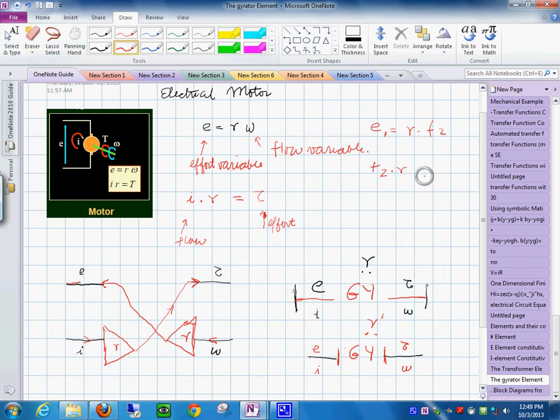Okay, so I was just trying to write it in terms of the bond graph notation. E1 is equal to R times F2. Yeah, they are intertwined, the efforts and the flows.